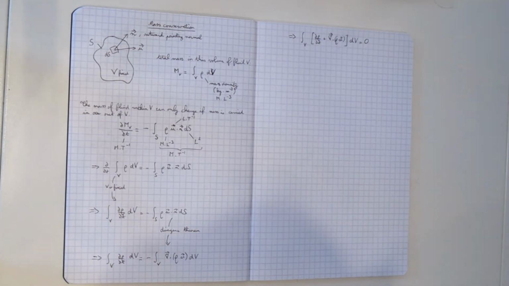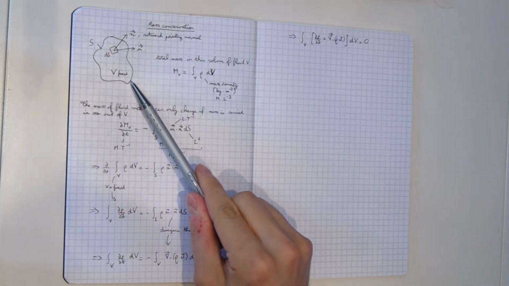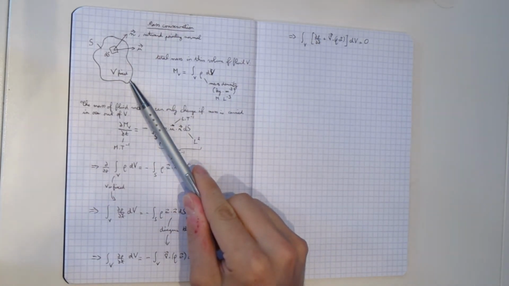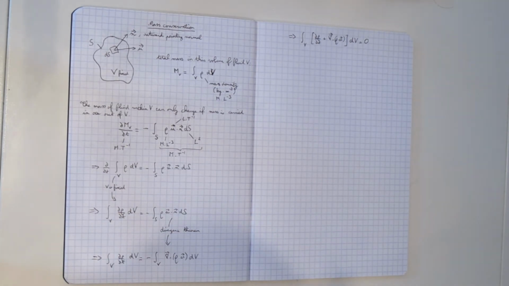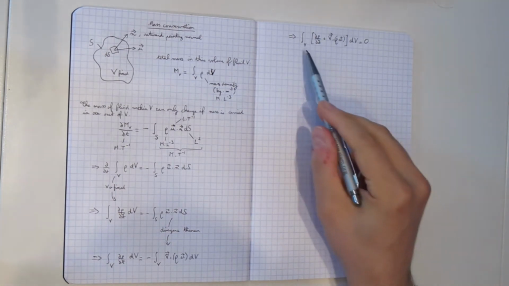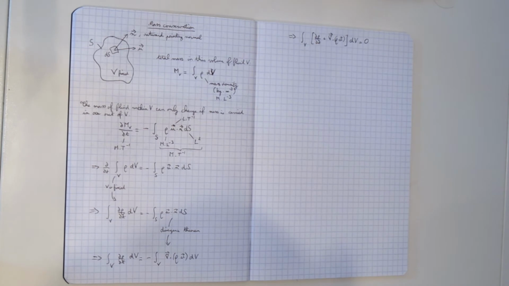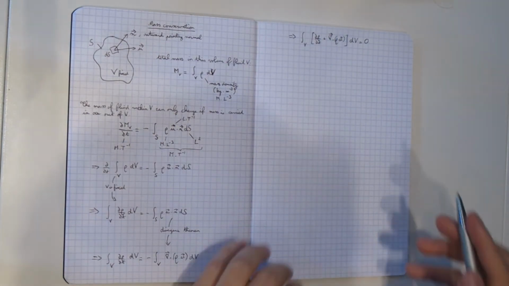But remember that our volume of fluid V, we've not said anything else but that it's fixed. We haven't said anything about its size. So that expression here, as a consequence, has to be valid for any volume V that is fixed. So that volume can be large, but it can also be very small, down to the size of a fluid particle, with quotation marks.